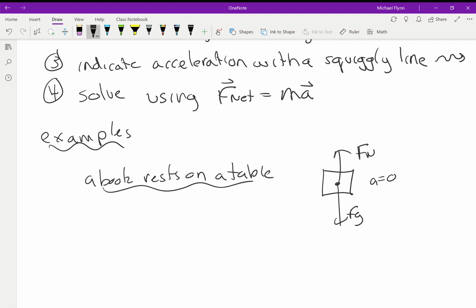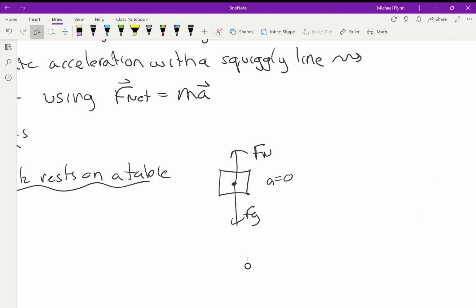Now, because the acceleration is 0 in this question, you can actually solve this. So let's say I told you what the mass was. I won't bother writing it down here, but let me give you an example. I'm going to treat up as positive. So the net force on this object is the normal force minus the force of gravity.